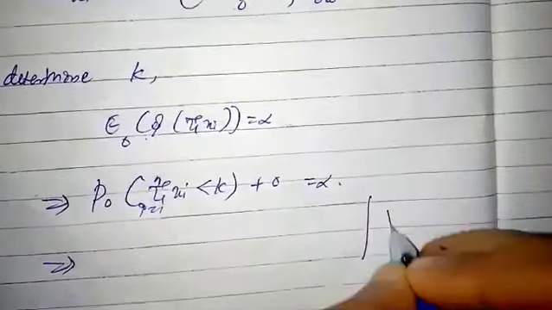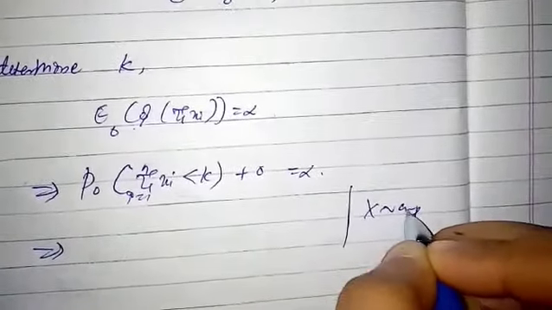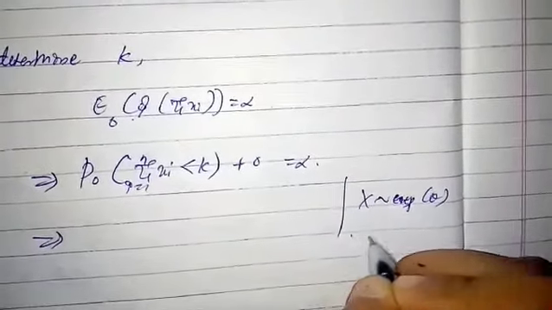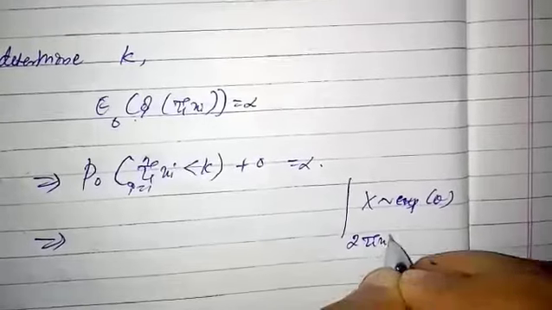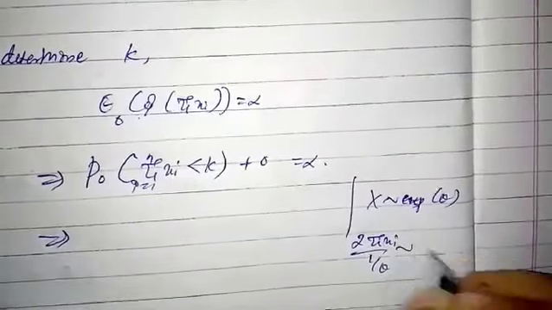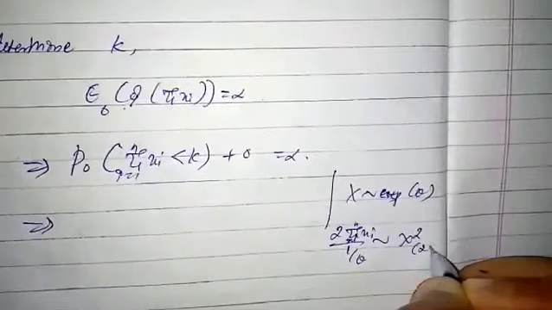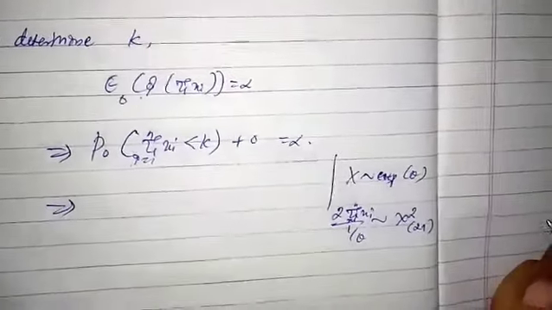So here we know that x follows an exponential with parameter theta, right? Then 2 into summation xi divided by 1 by theta follows a chi-square distribution with 2n degrees of freedom, right?